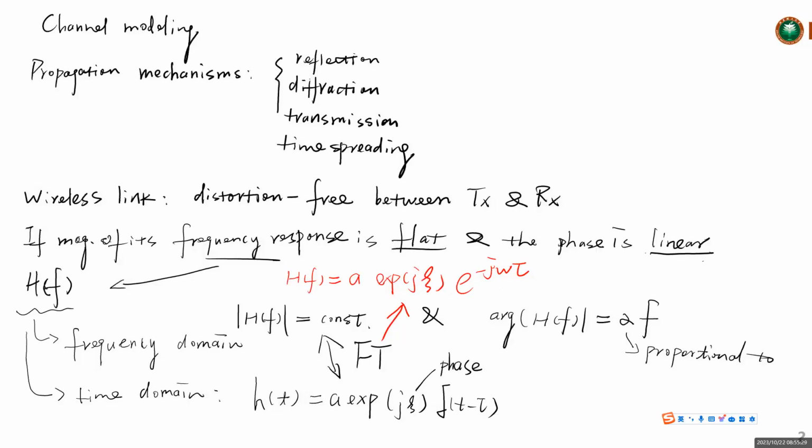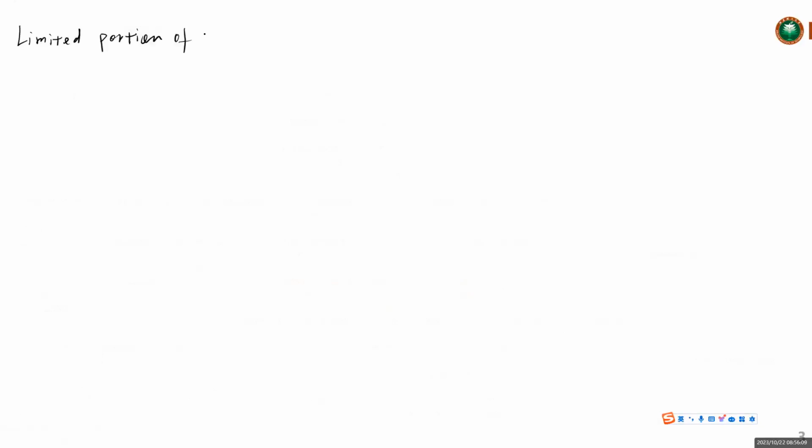Actually, the signals transmitted through the radio channel usually employ only a limited portion of the spectrum, which is small in comparison with the central frequency of the carrier.